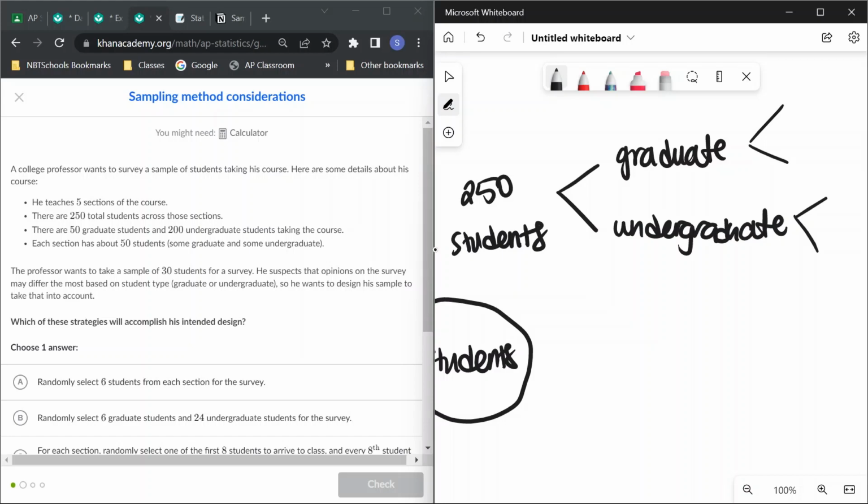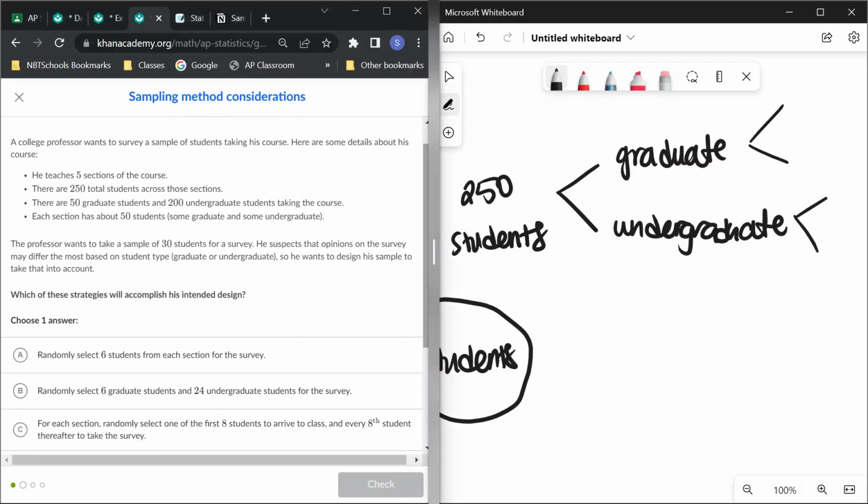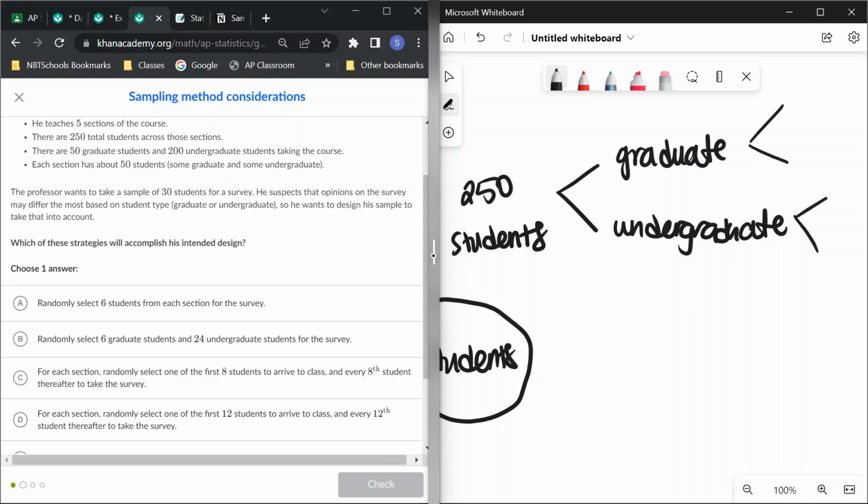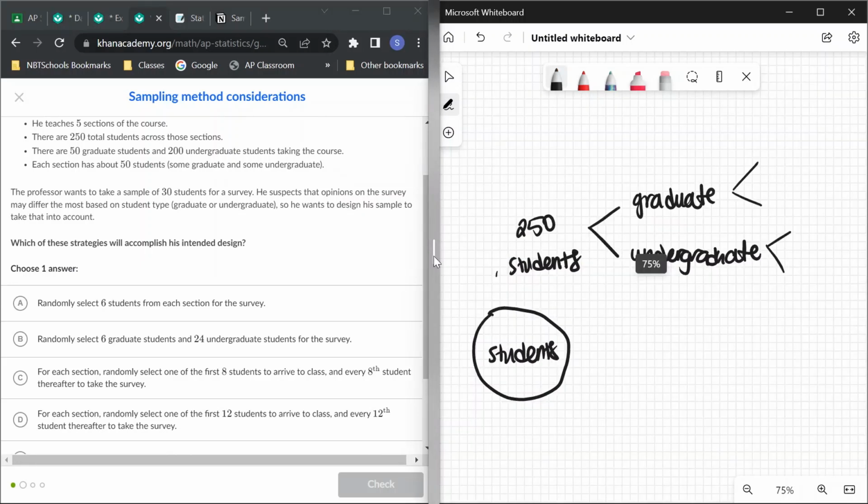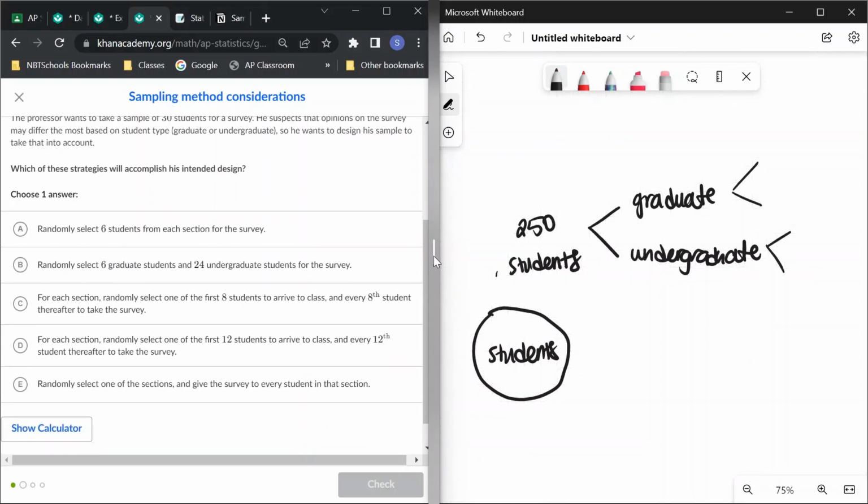This is not an experiment. I'm so confused because it's not assigning, it's not a treatment. Oh, this is sampling methods, not experiment. Okay, see, this is what we're not gonna do.